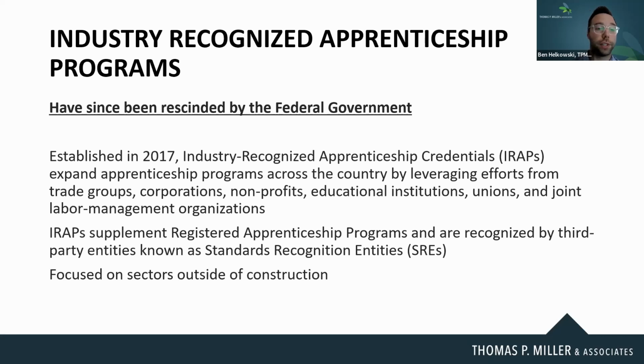Also known as IRAPs, industry recognized apprenticeship programs supplement registered apprenticeship programs, and were recognized by entities known as standards recognition entities. And they generally focus on sectors outside of construction and your typical registered apprenticeship occupations.